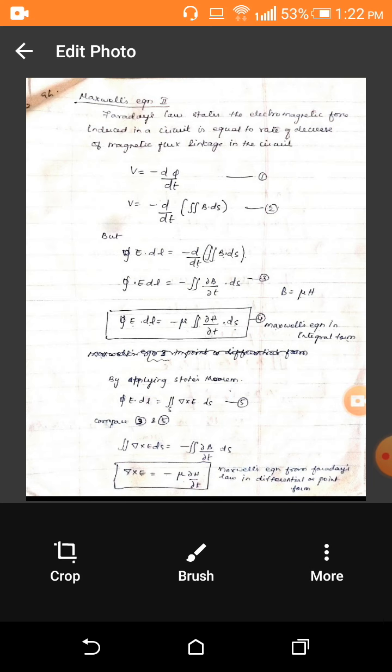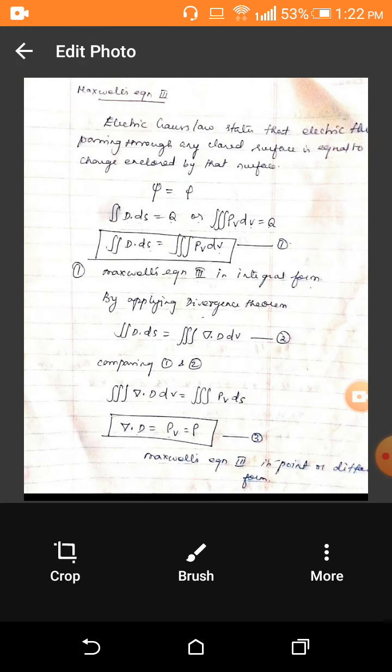And next comes Maxwell's third equation, which is derived from electric Gauss law. This Maxwell's equation is based on Gauss law of electrostatics, which states that the closed surface integral of electric flux density is always equal to the charge enclosed over that surface.